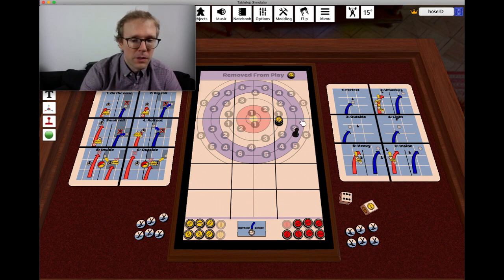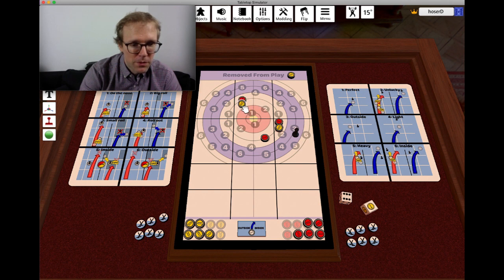Now at the end of play, when we're scoring, let's say we have some other stones here. There's a question of, okay, how do we score frozen stones? And let's also have another freeze back here. So the physical thing that we're trying to represent here is that the stone on top is just in front of the stone behind.